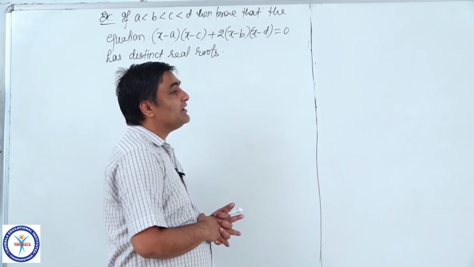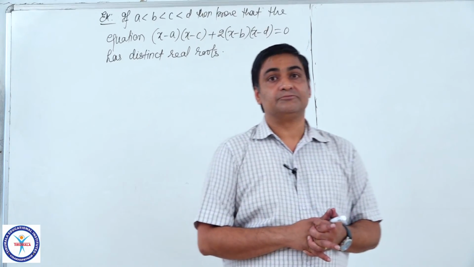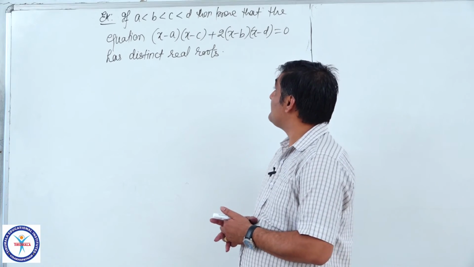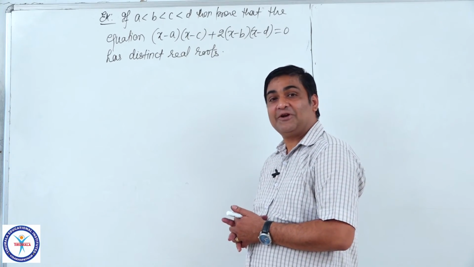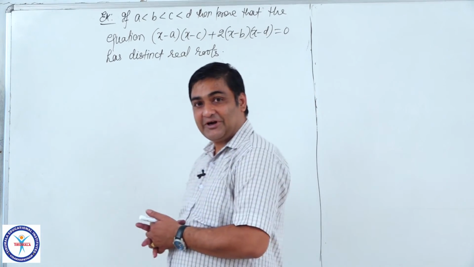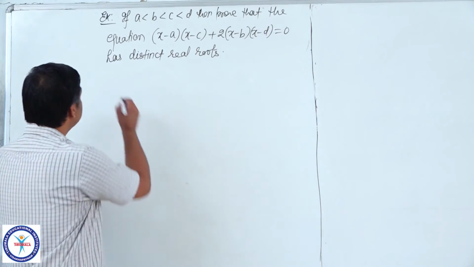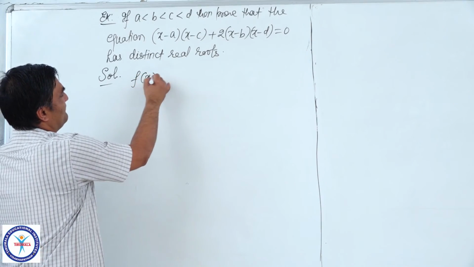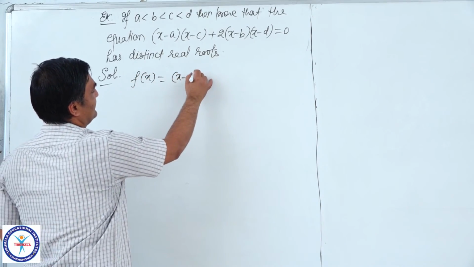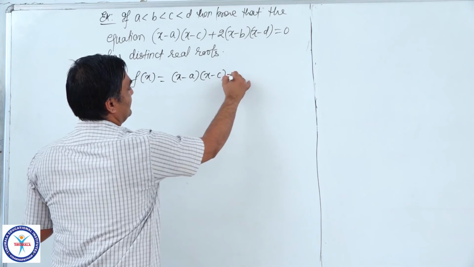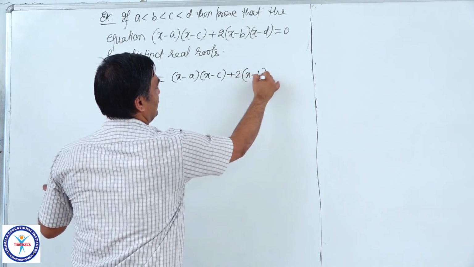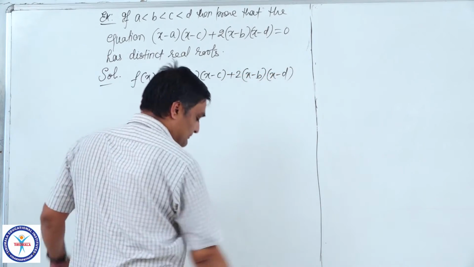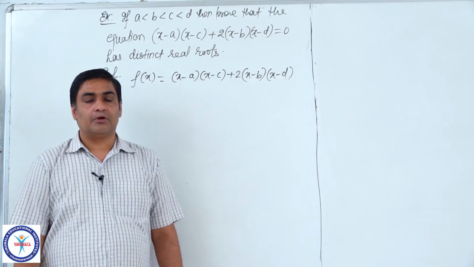But here we will take a different approach. Let f of x be (x minus a)(x minus c) plus 2(x minus b)(x minus d).